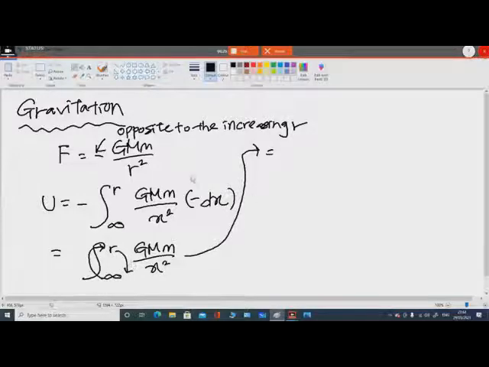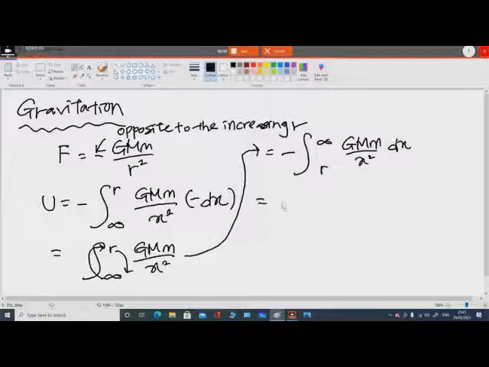Based on the mathematics formula, if we swap these two limits, we get a negative. So this one will be infinity and this one will be r, GMm over x squared dx.